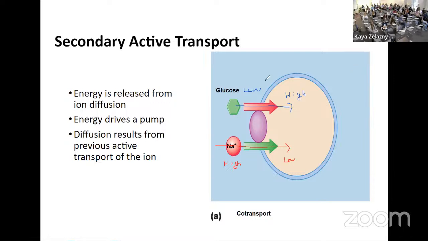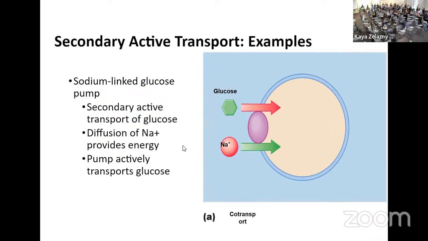So that's really our definition of secondary active transport, is that we're relying on previous active transport, previous primary active transport that's set up some type of gradient that we can then harness in order to move this second molecule. So sodium linked glucose pumps are an example here. They do the secondary active transport of glucose. So as I just drew on, we have a sodium gradient that we've set up already previously.